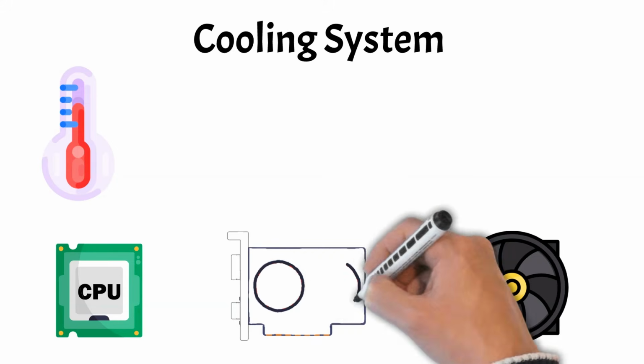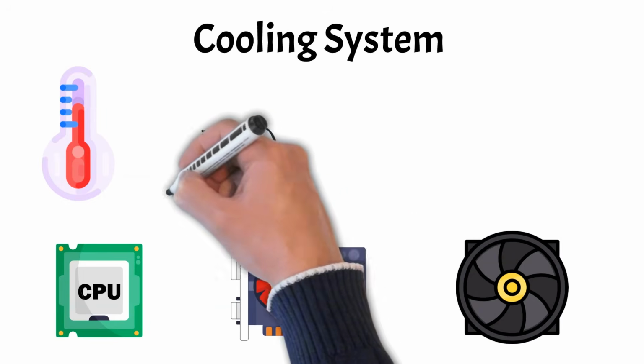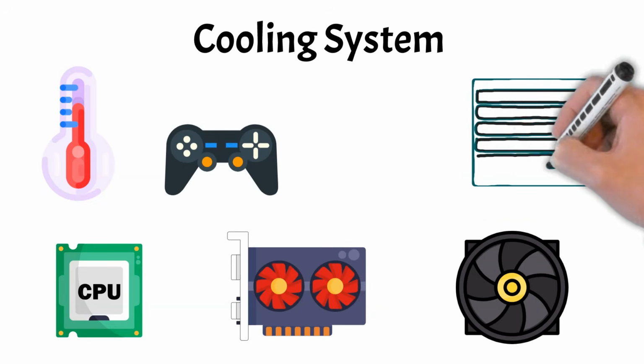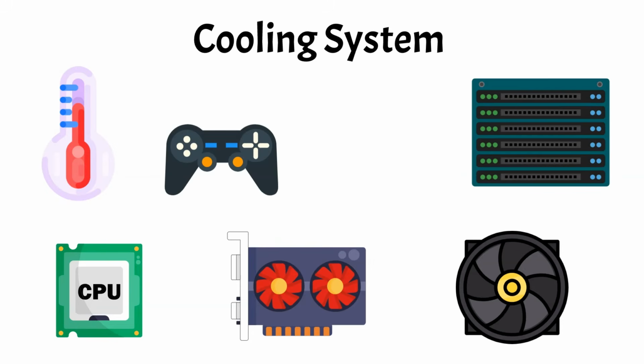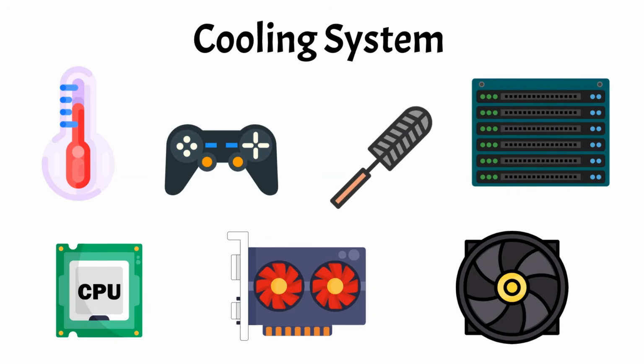Effective cooling ensures that these components run efficiently and reliably, avoiding thermal throttling, which can reduce performance or even cause hardware failure. High-performance systems, such as gaming rigs or servers, often require more advanced cooling solutions to handle the increased heat output. Regular maintenance, such as cleaning dust from fans and ensuring proper airflow within the case, is also crucial for keeping the cooling system effective and extending the lifespan of the computer.